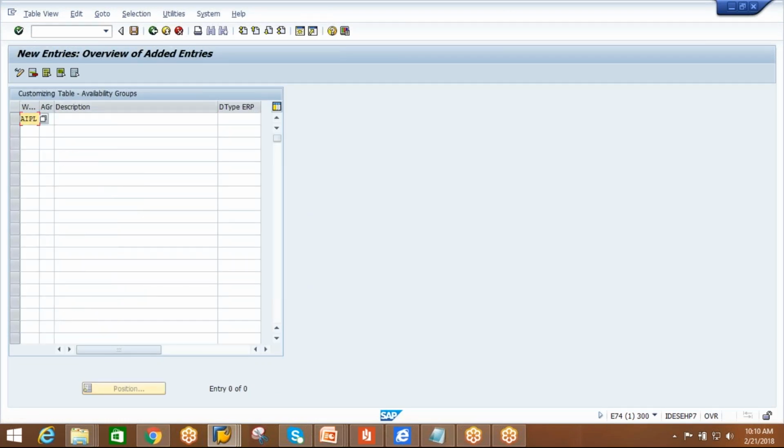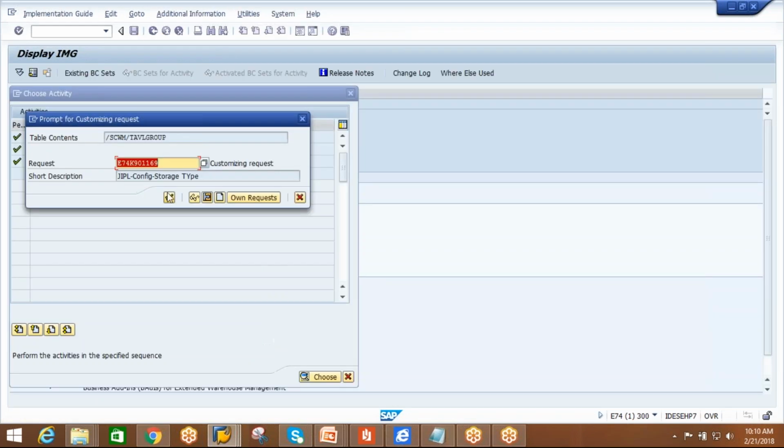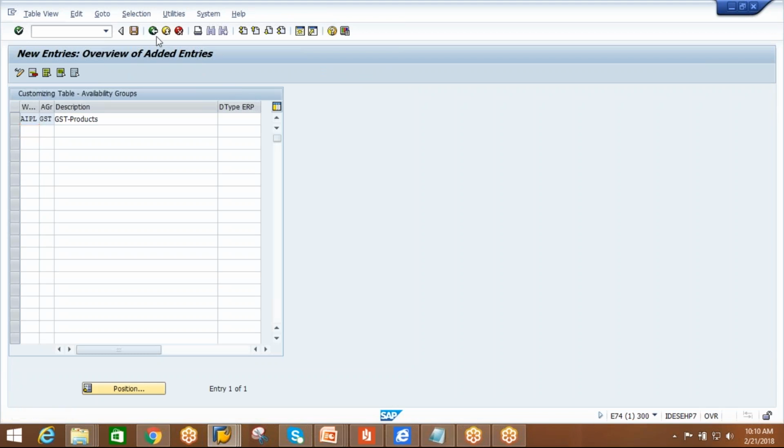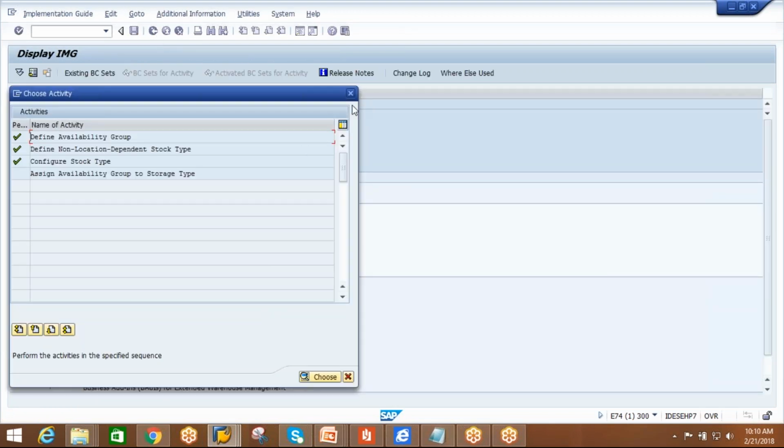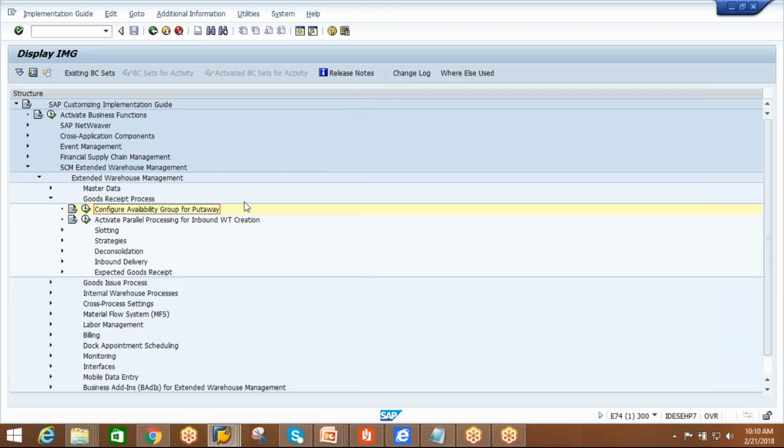Warehouse is AAPL, GST is my availability group, GST products. Okay, and I need one more stock type here. FF I am turning to unrestricted GST product also, the stock type where we maintain the stock types F1 and F2. We need to define it first.